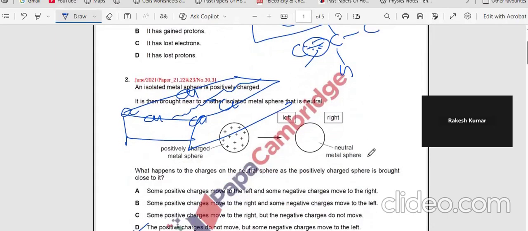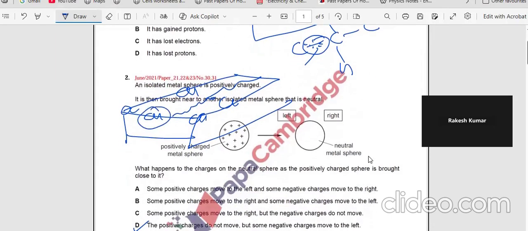The positive charge will never move. Whenever there's a positive charge, it doesn't move, it cannot move. The negative charge will move to the left. Of course, there will be some negative charge here also, but less.